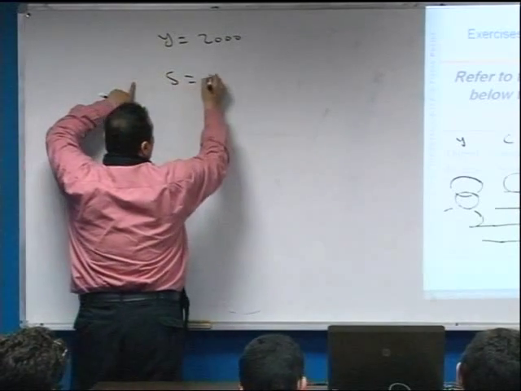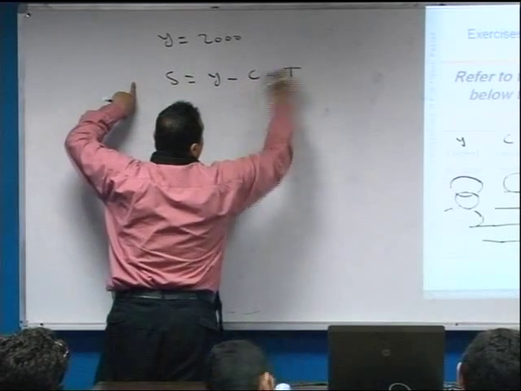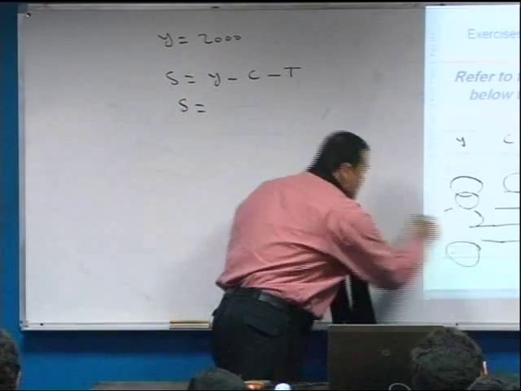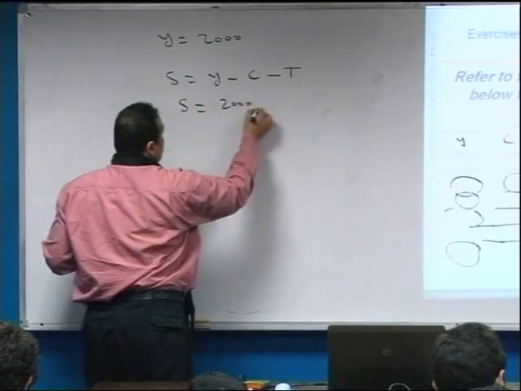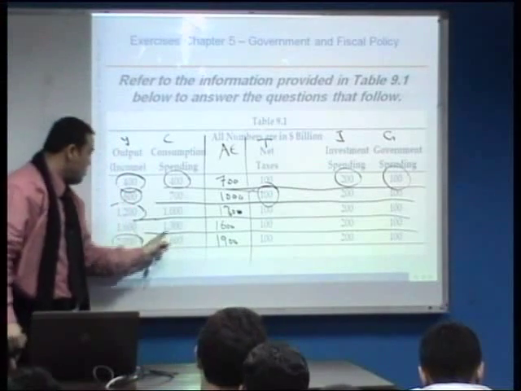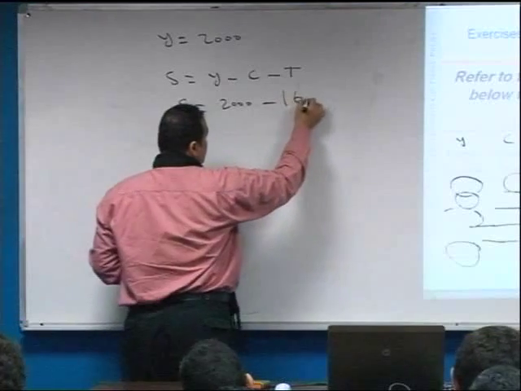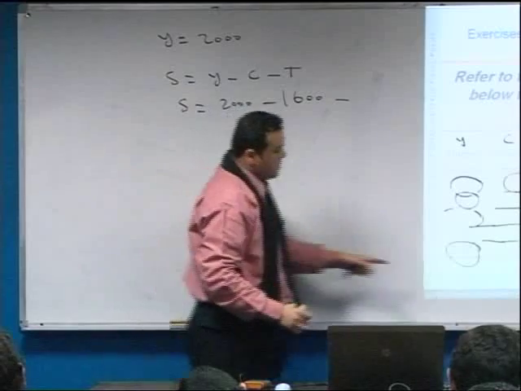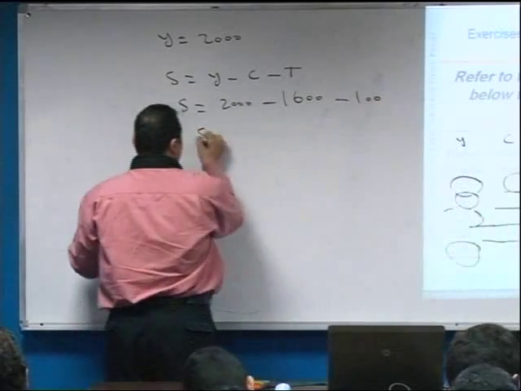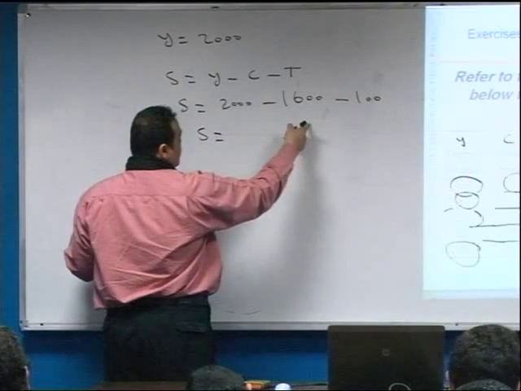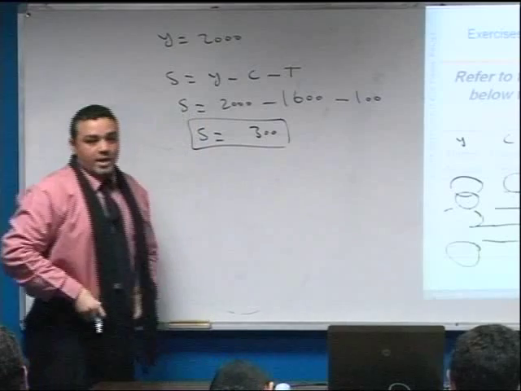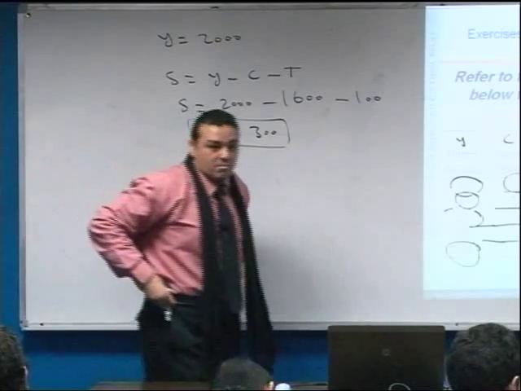S equals Y, 2,000, minus the consumption, 1,600, minus T. T equals 100. So the saving equals 300. This is the saving when Y equals $2,000 billion.